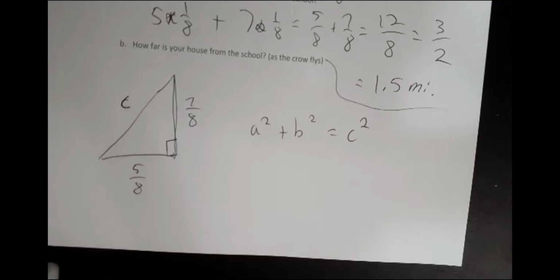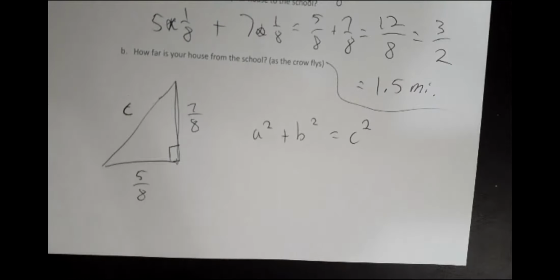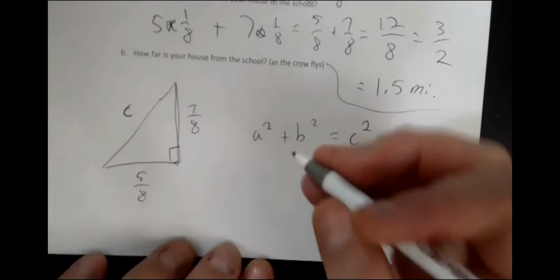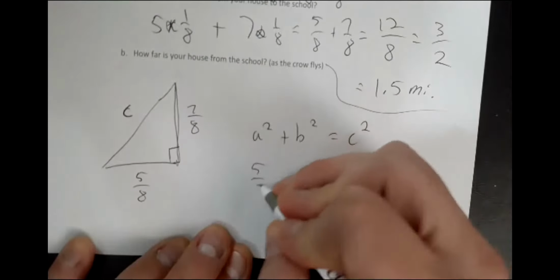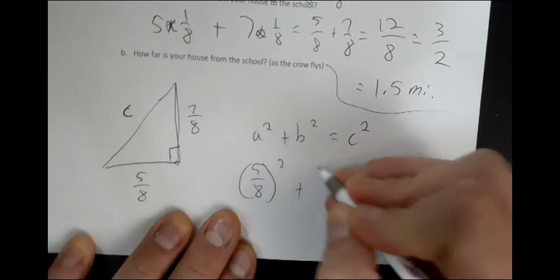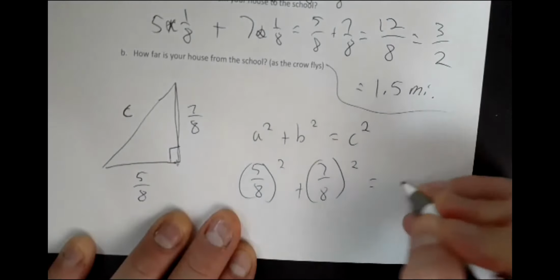When I square the legs and add them up, it should equal the hypotenuse squared. Hopefully you're piecing these two things together and saying, hey, I can use the Pythagorean theorem to figure out this value. So 5/8 squared, plus 7/8 squared, would be my c squared.